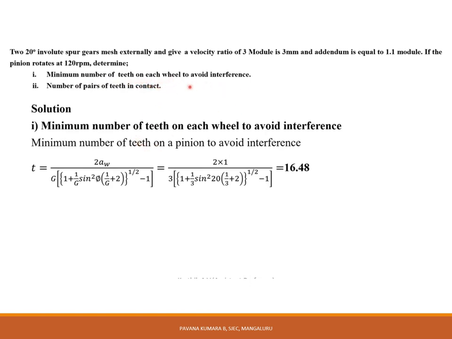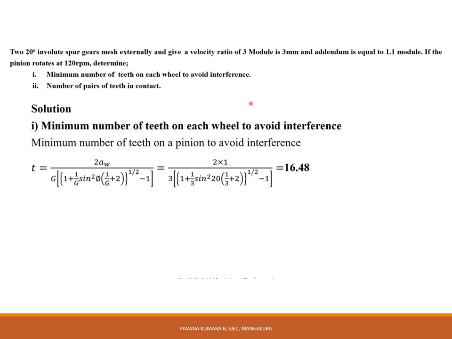To avoid interference, we already derived that equation. That is the minimum number of teeth on pinion. They are not asking about gear, so that pinion is small t. This is a formula you have to remember. Then what parameters are given? 2 into AW, where AW is addendum. So addendum is equal to 1, here they have taken 1, no problem.